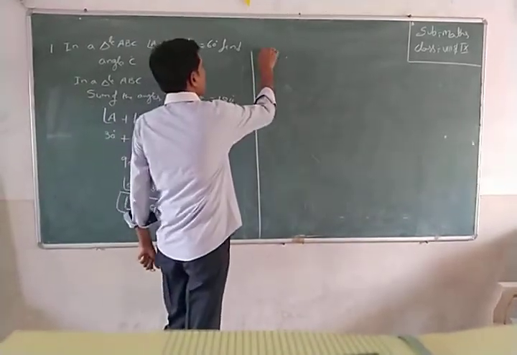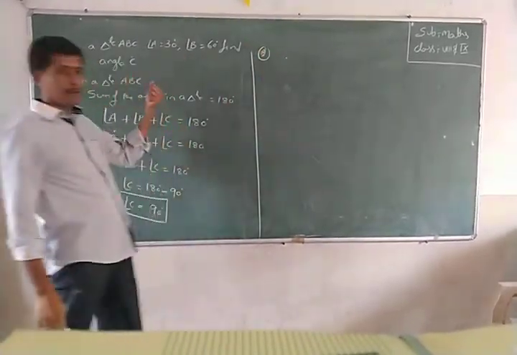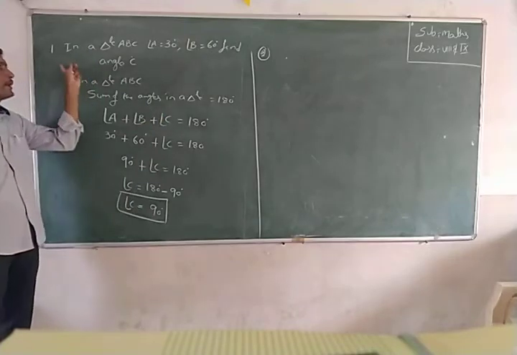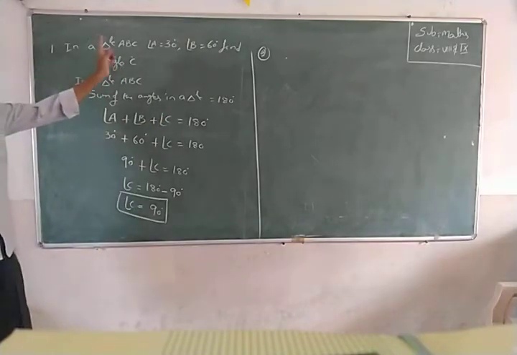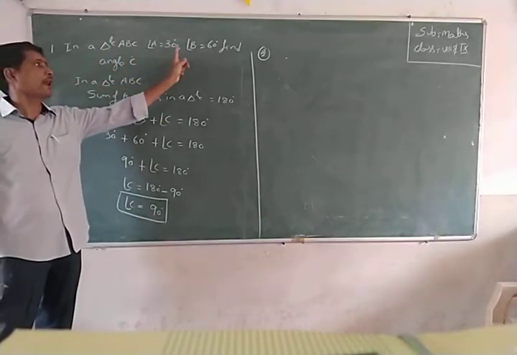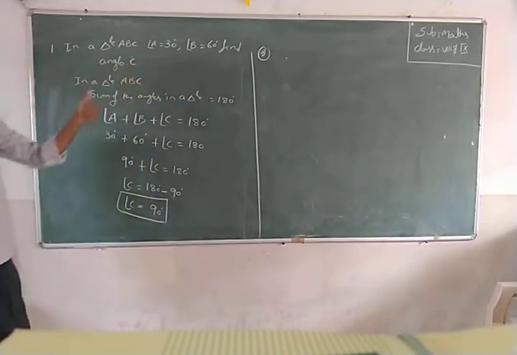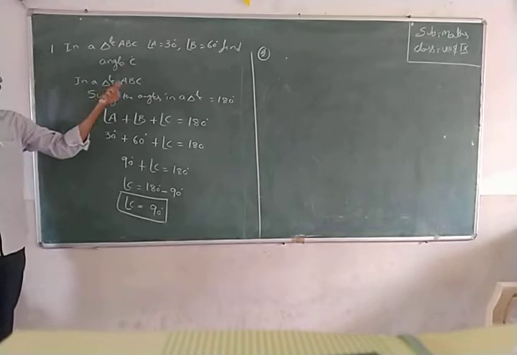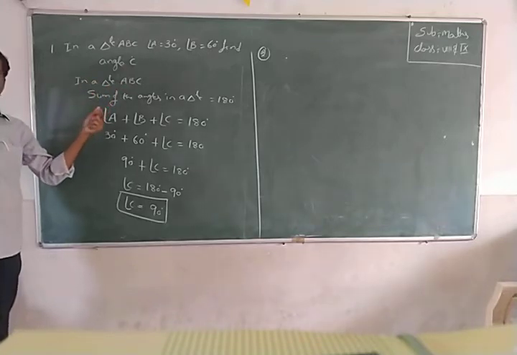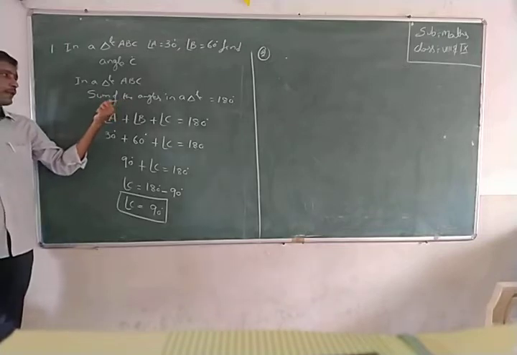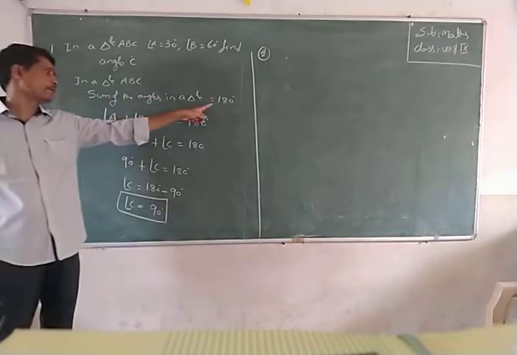Any doubt in the first problem? One more time. In a triangle ABC, angle A equals 30 degrees, angle B equals 60 degrees, find angle C. In any triangle, whether right angle, acute angle, or obtuse angle, the sum of the angles equals 180 degrees.